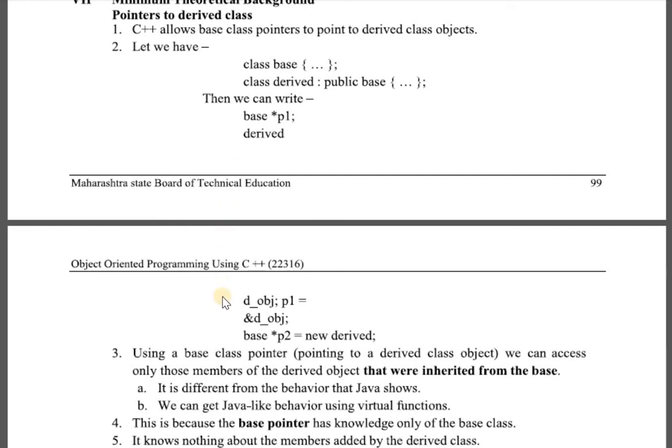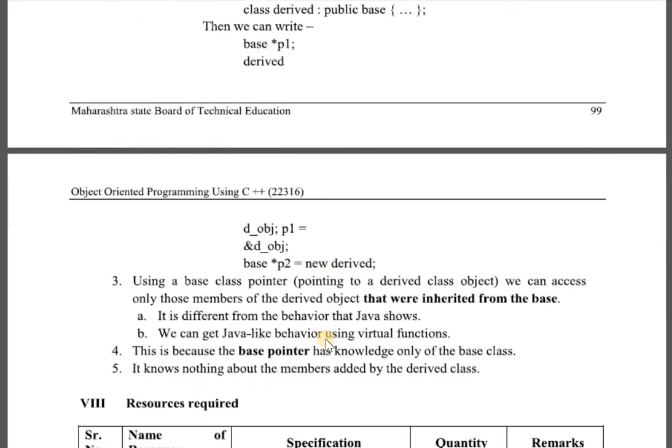Then, with a derived class object DOBJ, P1 is equal to address of DOBJ, that means the base class pointer is equal to the address of the derived class object. Similarly, Base star P2 is equal to new Derived. This is a pointer to derived class.